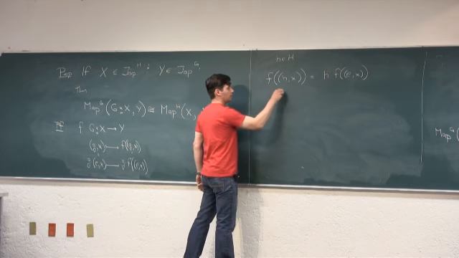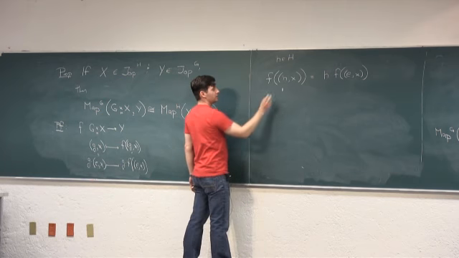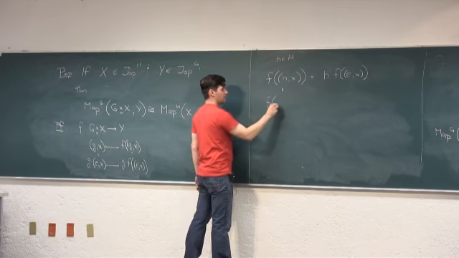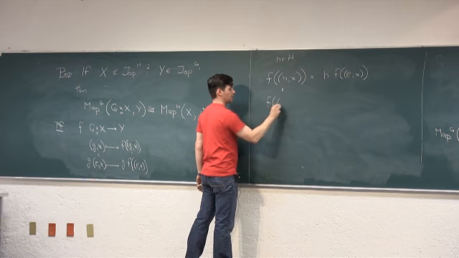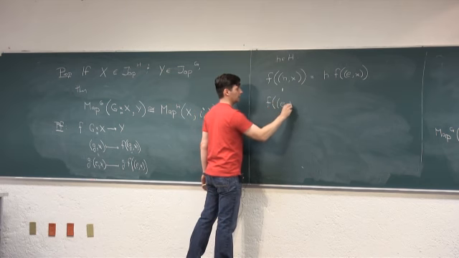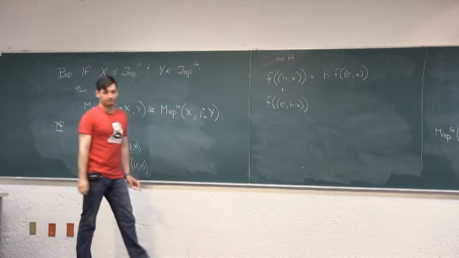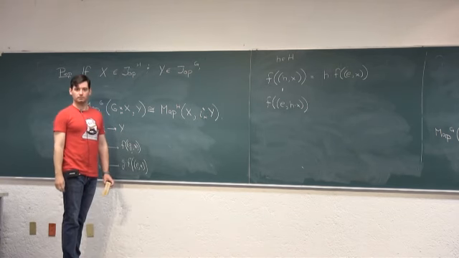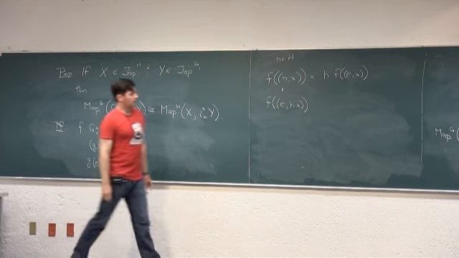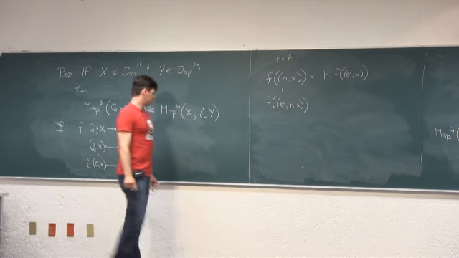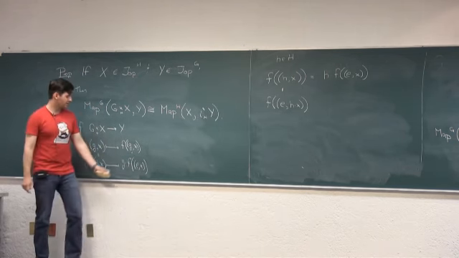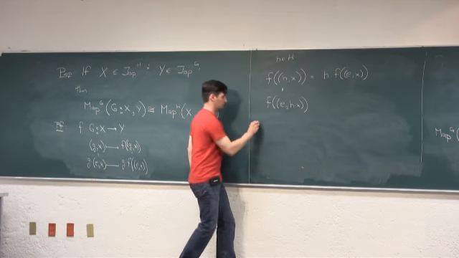On the other hand, the equivalence class of hx is the same as the equivalence class of identity, h times x.